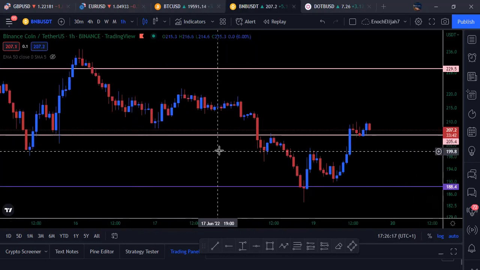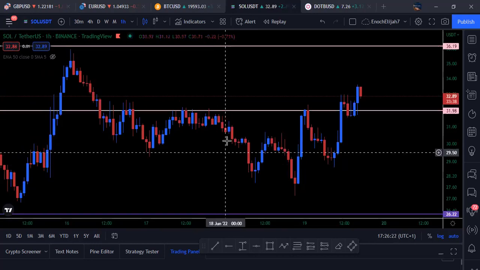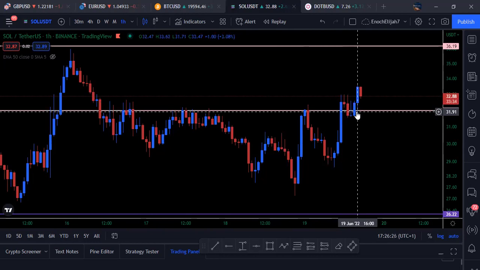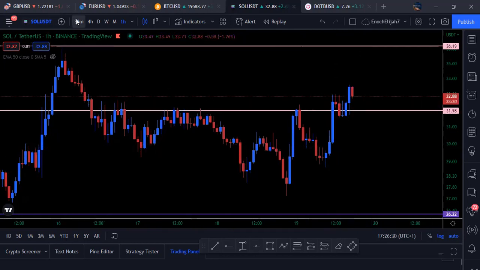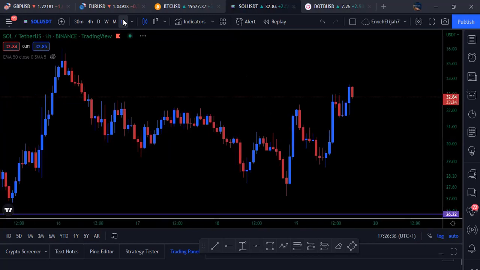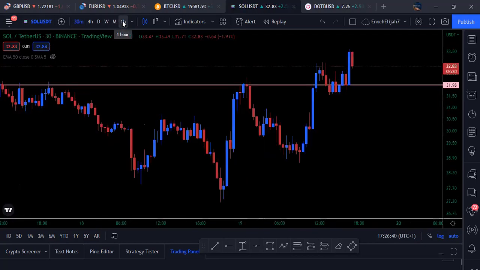So I don't think there's any point in analyzing BNB. This one too has the same consistent pattern. Also the same pattern. So it's actually the king. Bitcoin is the king of crypto. They all copy Bitcoin.